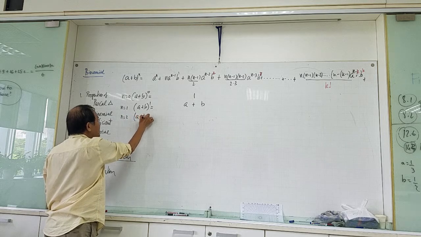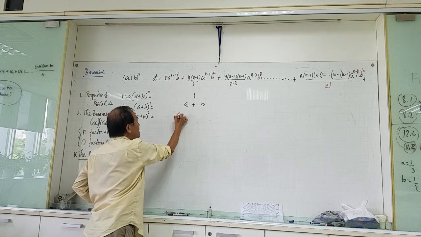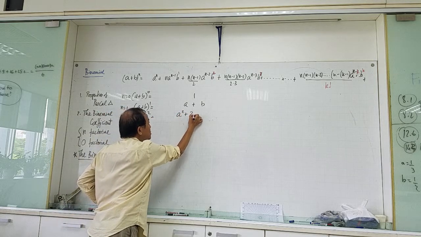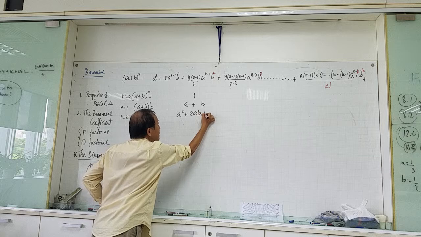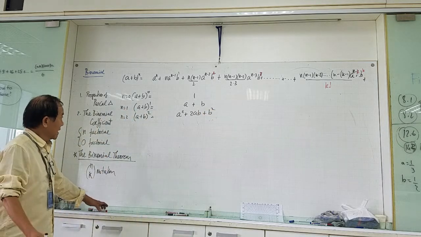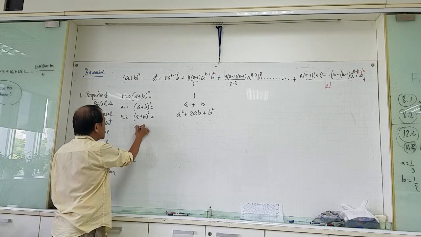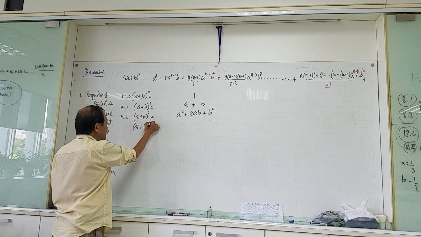(a + b)^2 equals a^2 + 2ab + b^2. That's the formula you learn in algebra 2, up to (a + b)^3 only.